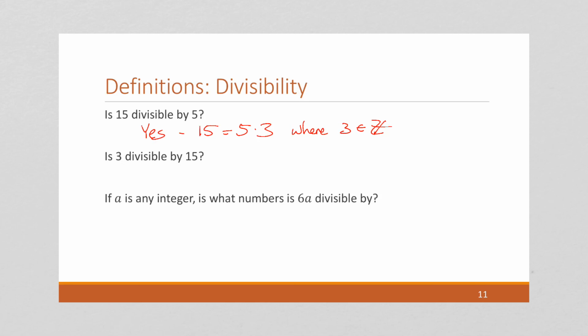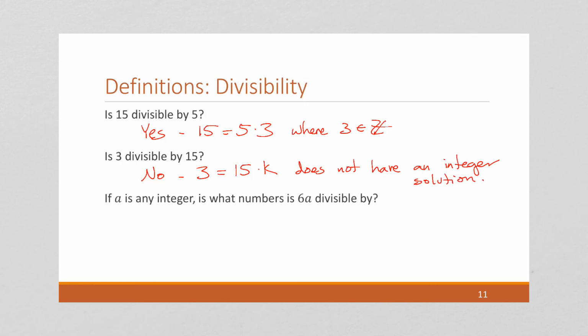Is 3 divisible by 15? No, right? Because if we say 3 equals 15 times k, we could work out what k is, but k wouldn't be an integer. So we can say that this does not have an integer solution.